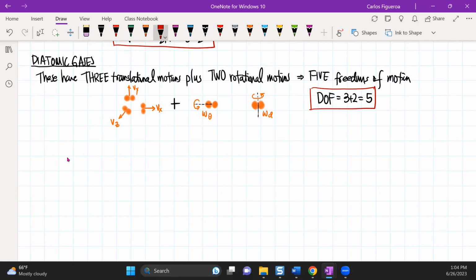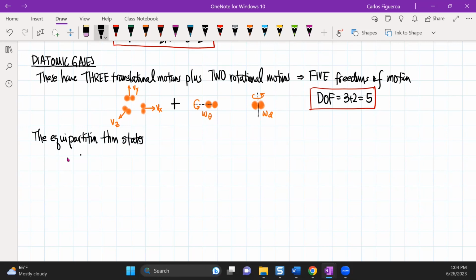So what does the equipartition theorem say? Look at the internal energy. Any term that's quadratic gets 1/2 kBT.